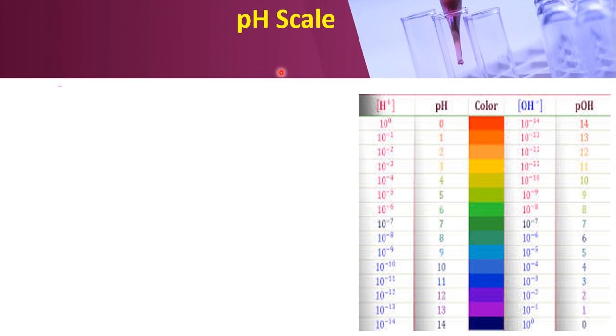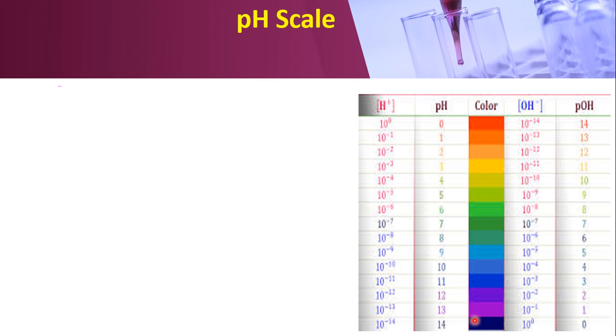Now look, there is another pH scale. Here in this scale, the pH value, pOH value, the concentration of hydrogen ion and the concentration of hydroxyl ion, everything is given. Suppose a solution has pH 1, then its concentration of hydrogen ion will be 10 to the power minus 1, so its pOH will be 13 and its concentration of hydroxyl ion will be 10 to the power minus 13.